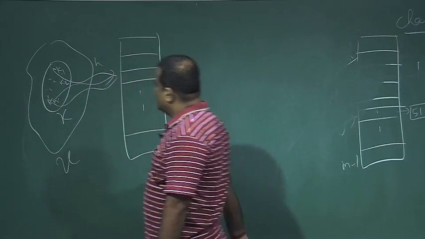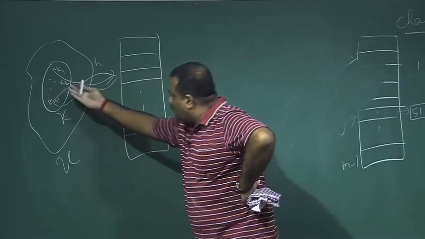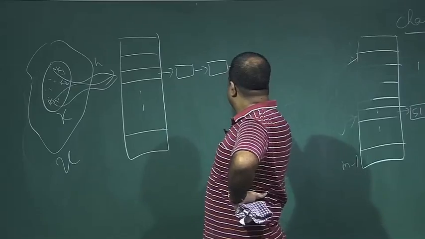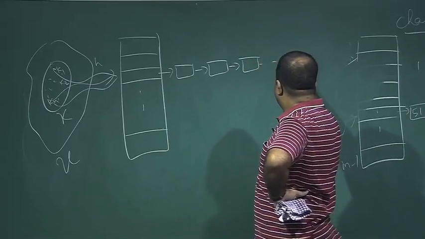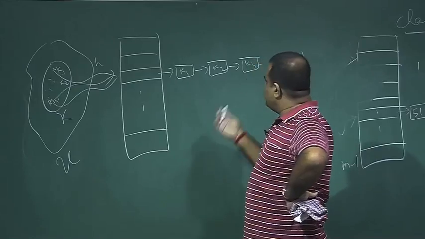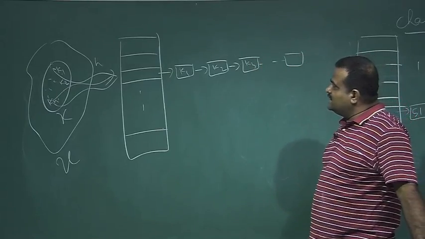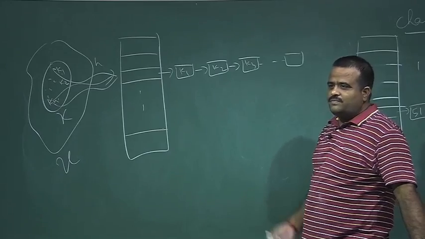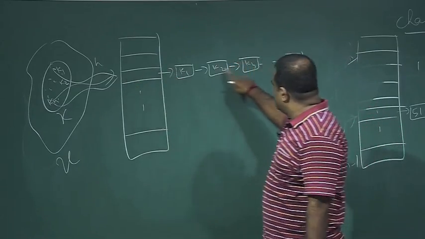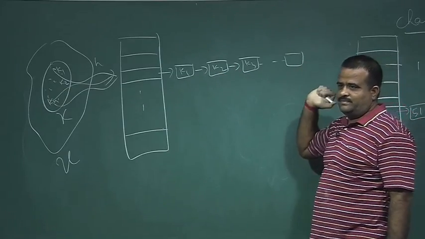In the worst case, it may happen that all the keys go to the same slot. That is called the worst case. In that case, what is the search time? If we have to search for a key hitting that particular slot, we have to read the whole list. So, that will take linear time.